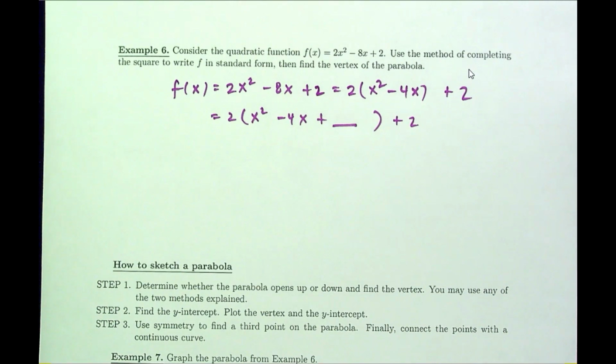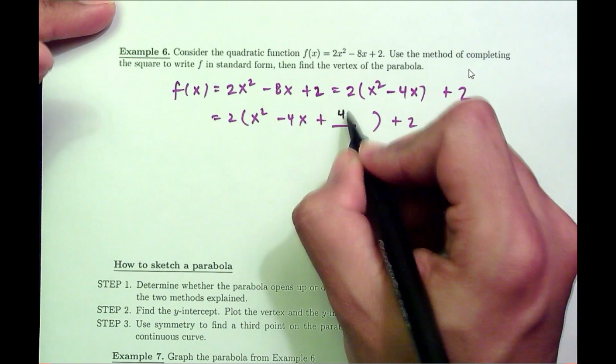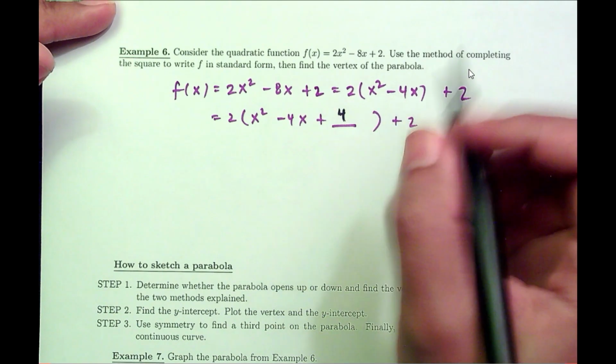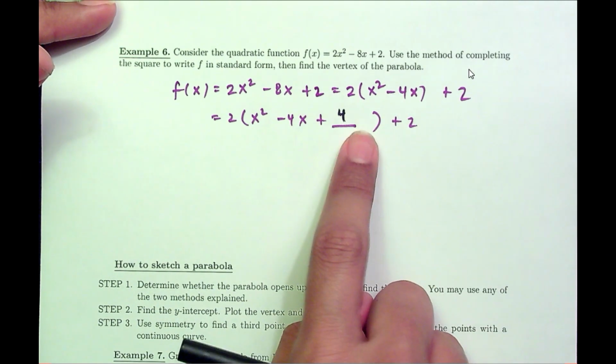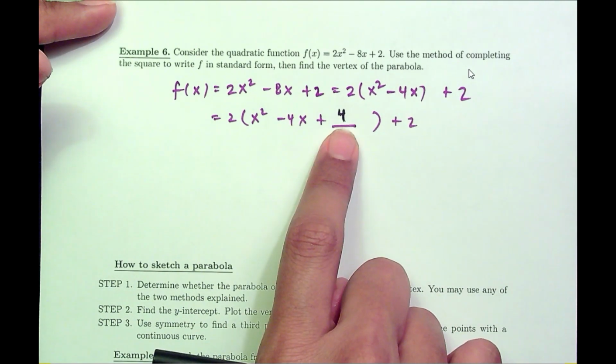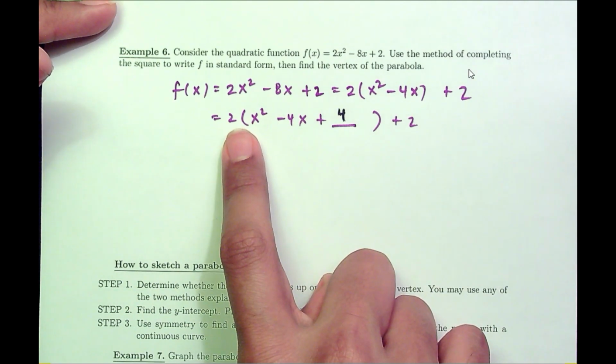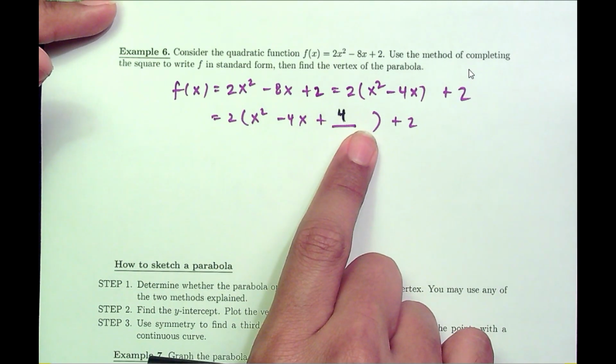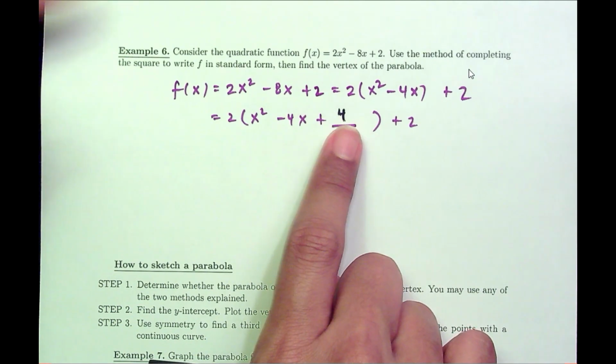So what goes in here is a positive 4. However, because that 4 is affected by the 2 in front, in reality I'm not just adding a 4, I'm adding an 8, because that 2 doubles my 4. So that makes it an 8.